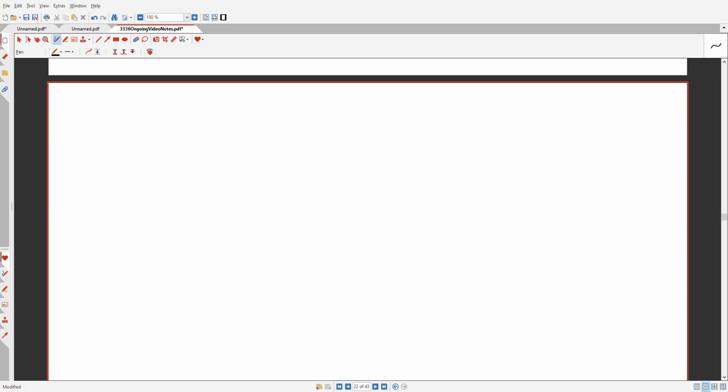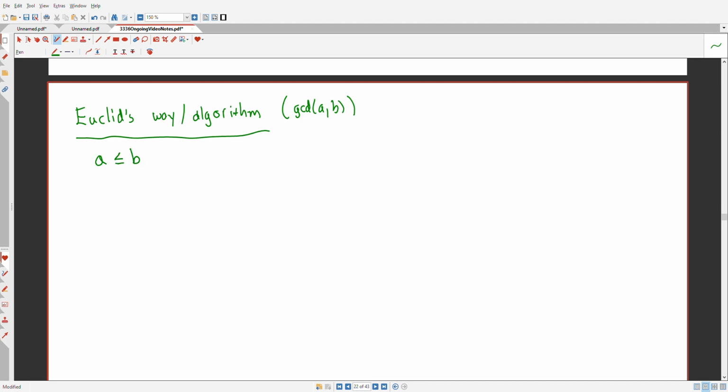Okay, so how does Euclid's way work? So we'll just say, go back to green, Euclid's way, or algorithm. We already saw him talk about infinitely many primes, so he was interested in how things divide or don't. And this is for finding a GCD. So here's what he does. He says, okay, well, let's go ahead and assume that the integer a is smaller than the integer b.